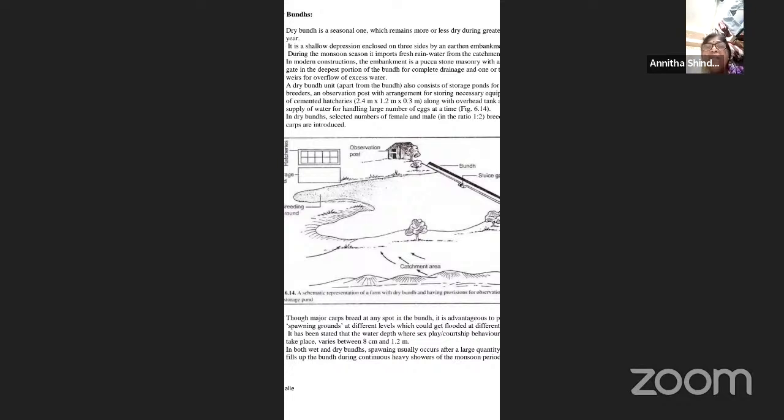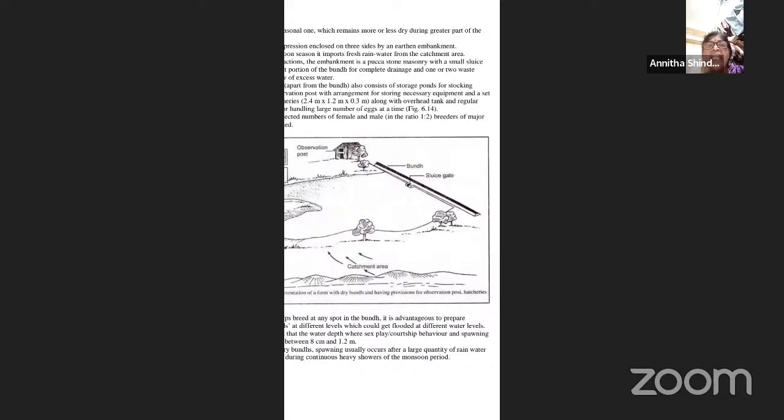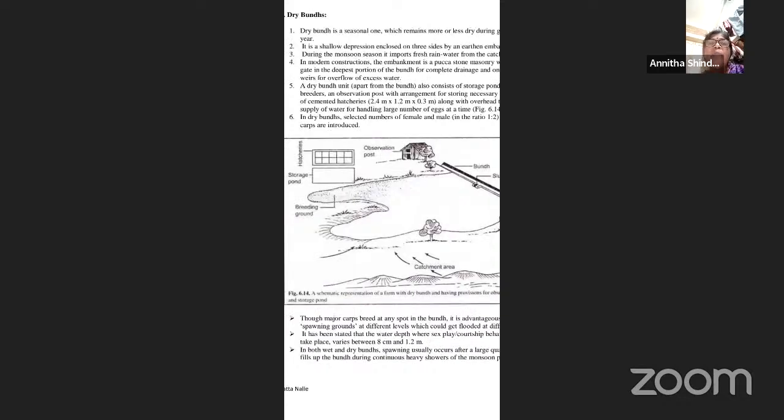Only on one side you have a bund with a sluice gate, and you have an observation post, a small hut where the farmers will observe. And here you have the hatcheries and the storage pond, and this is the breeding ground.